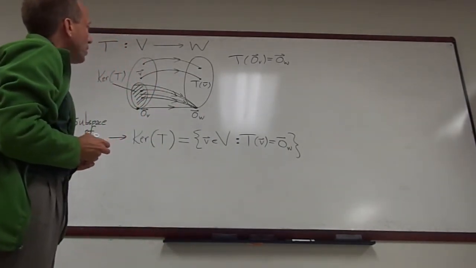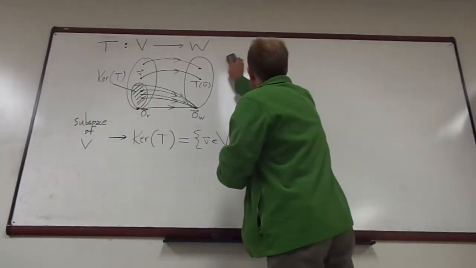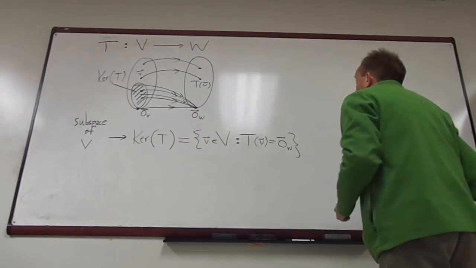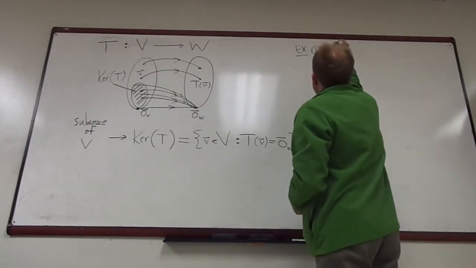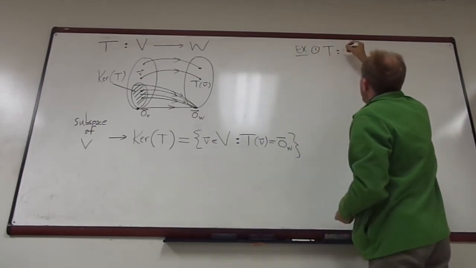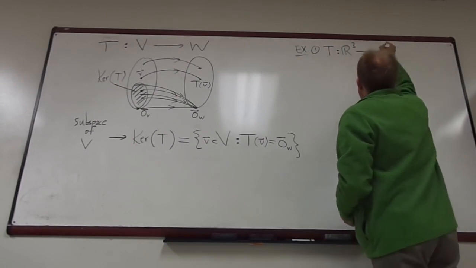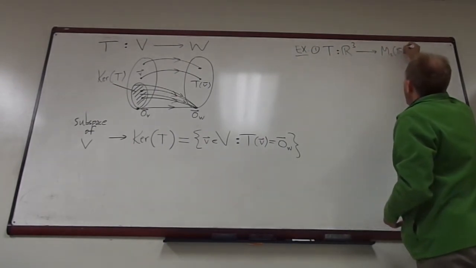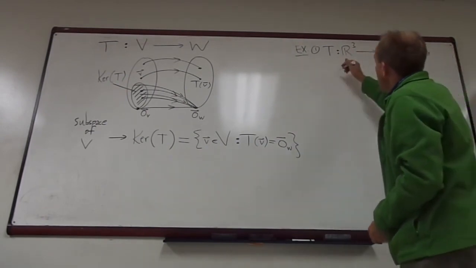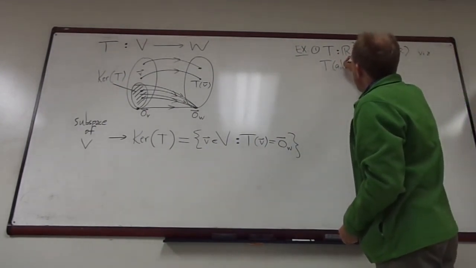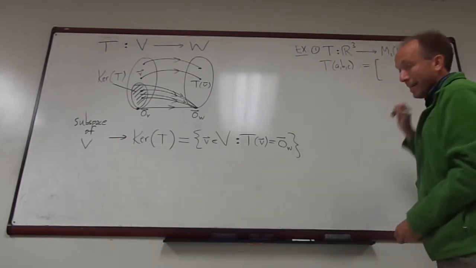Okay? So maybe I can write down a couple examples just to give you the idea of what's going on here. Let's say we take T to go from, how about R3 mapping to M2 of R. So this is V and this is W. And my function is just going to be T of (a, b, c) equals, I have to give you a 2 by 2 matrix as an output.